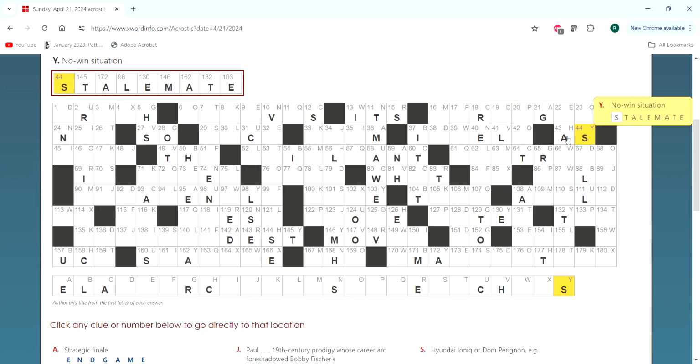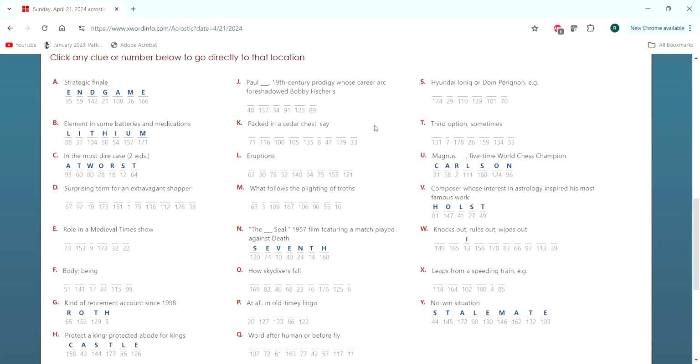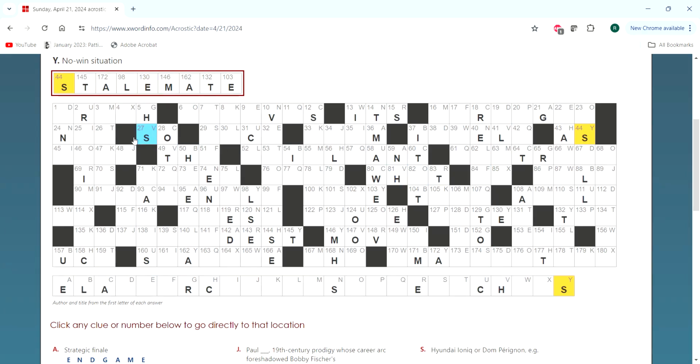So right here we have AS, that is good, and an SO right here, so that's good, and that really helps. Now that we've filled in a few of these, and we probably could fill in more, but right now this is about as much as I'm going to fill in at this point. You can start to get some synergies going with what you see up here in the quote area.